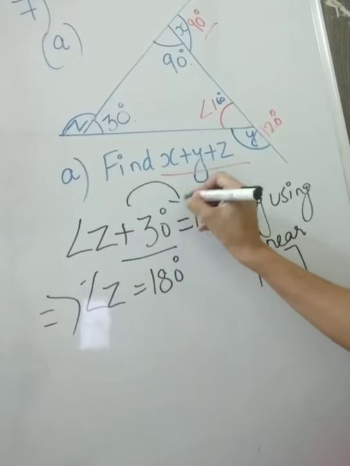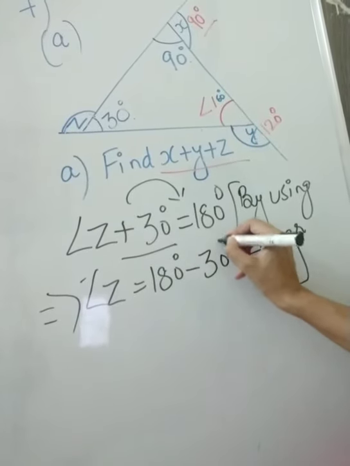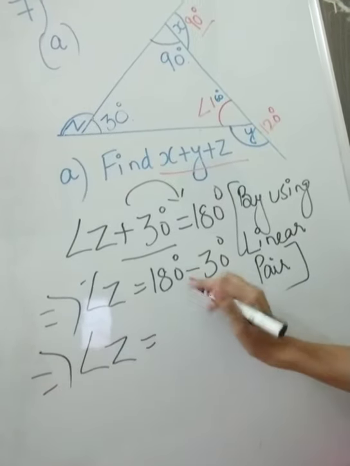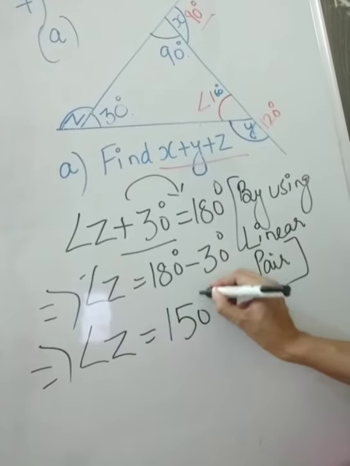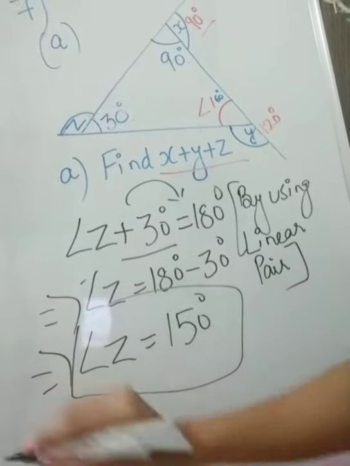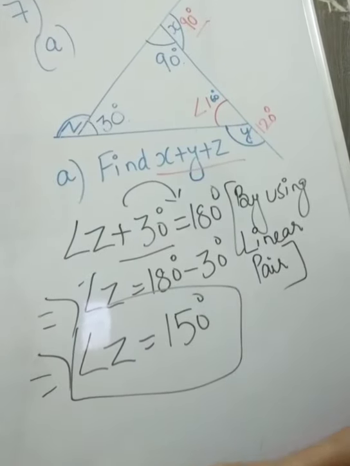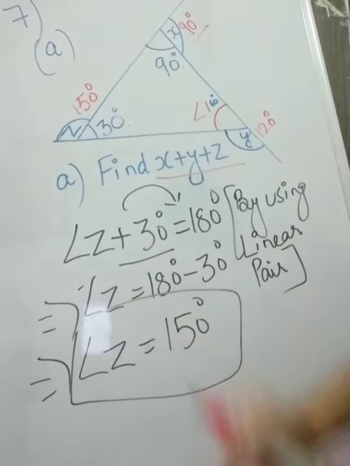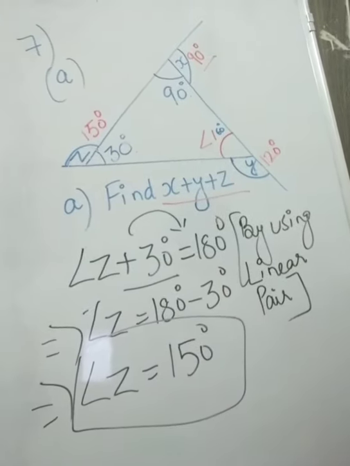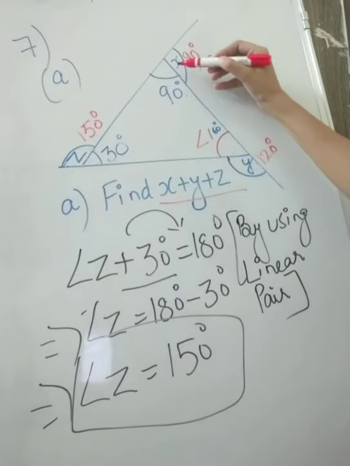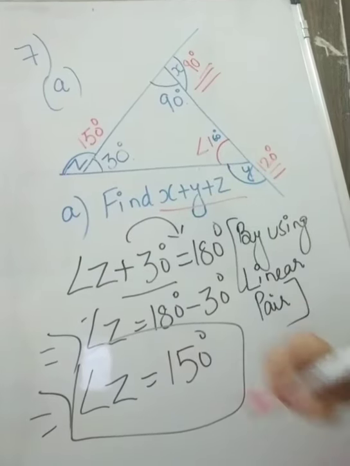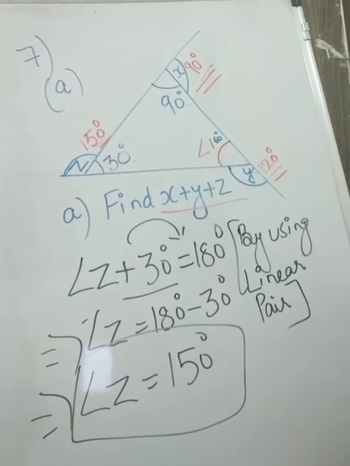This plus 30, when it moves here, will become minus 30 degree. So angle z equals 180 minus 30, which is 150 degree. So angle z is what, student? It is 150 degree. So we got the exterior angles: x is 90 degree, y is 120 degree and z is 150 degree.